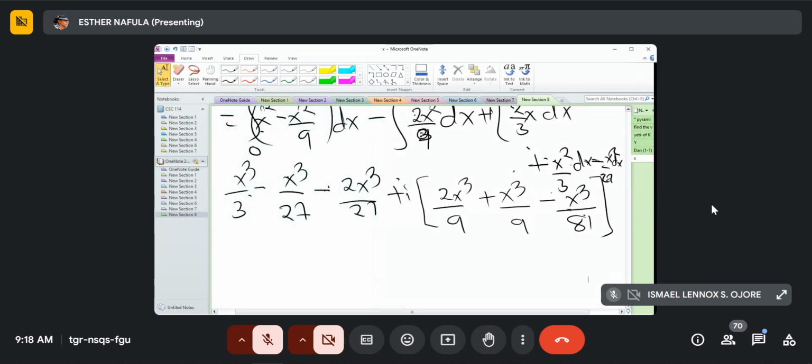Then we insert the limits from 0 to 3. So we'll only evaluate the upper limit because everything else will be 0 for the lower limit.